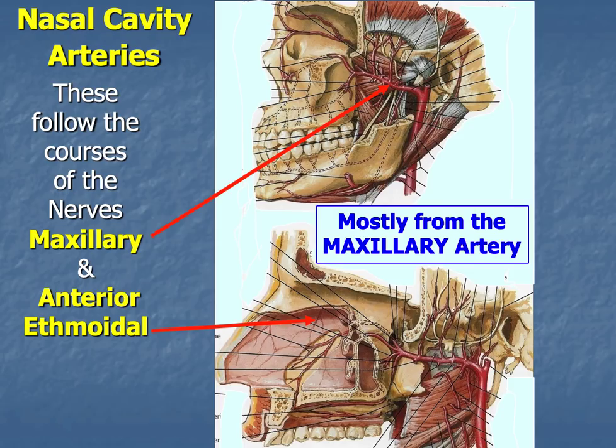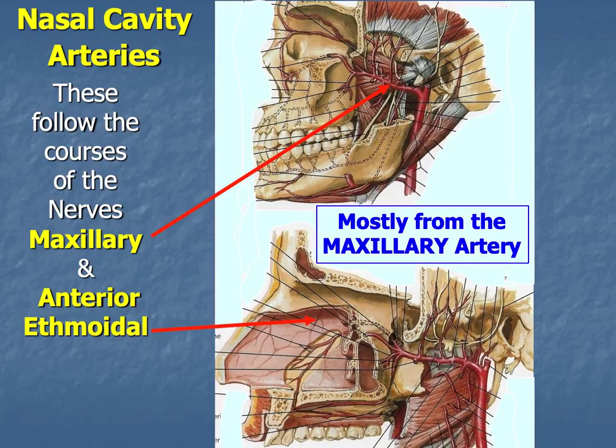And again, to remind you, the major blood vessel supplying almost all of the structures of the facial region is the maxillary artery, and branches of the maxillary artery extend with the mandibular division of trigeminal nerve and with the maxillary division of trigeminal nerve, having the same names, to supply the paranasal sinuses and nasal cavity in their respective regions.